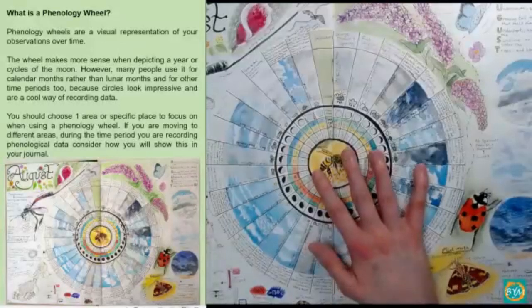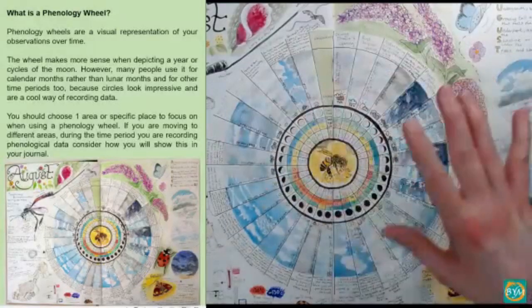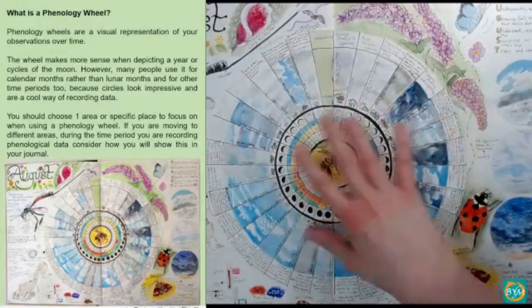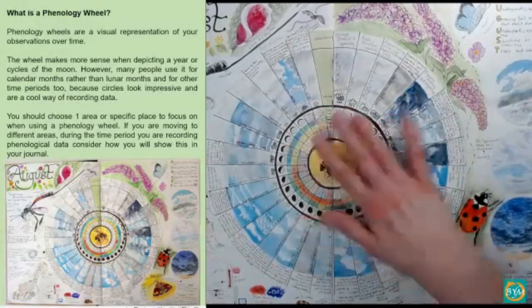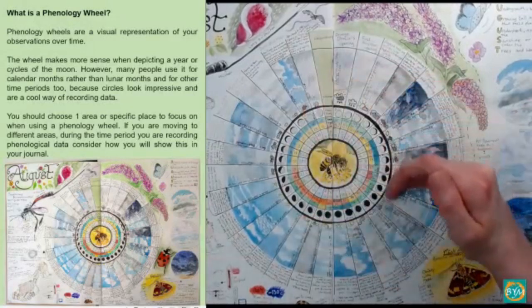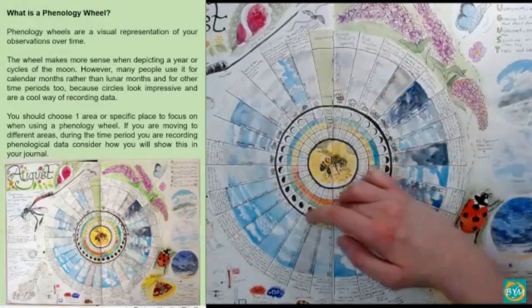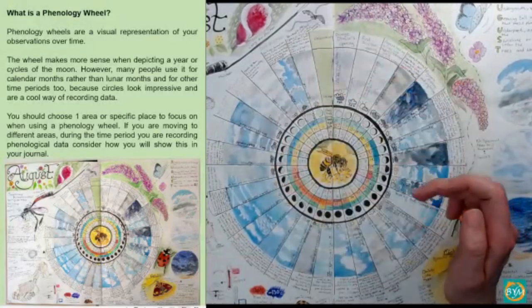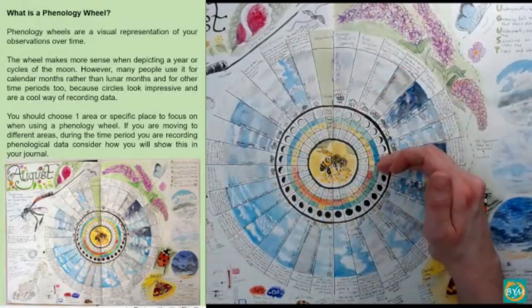You can also use the wheel format for smaller time frames. So this is just 1 month. This is August. And in here you can use the cycle of the moon, so the different phases showing how it goes round, and again, cycles. It doesn't quite work if you are using calendar months.